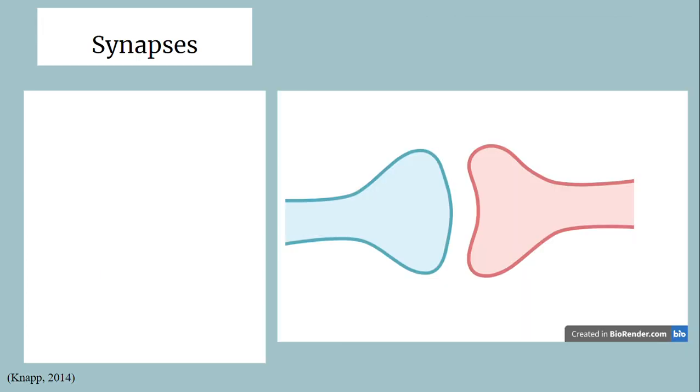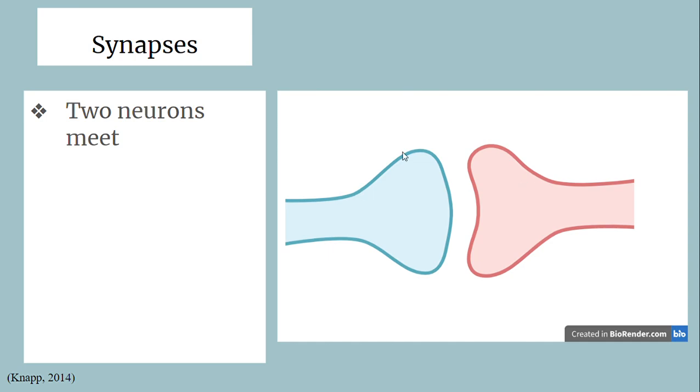A synapse is where two neurons, quote unquote, meet. And I say quote unquote because, as you can see by our picture, there's actually a pretty sizable space between our two neurons. And we'll get to that in a minute. But I want to talk about the blue neuron and the pink neuron.